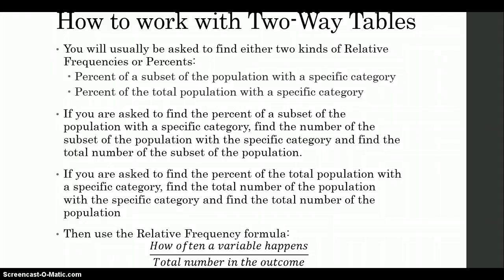If you're asked to find the percent of the total population with a specific category, you find the total in that population with the specific category, and you find the total number of the population, and do total number with the category over the total number of the population, and turn it into a percent. So two-way tables, you're just looking at how often something happens over the total number in some certain condition. That's all you're doing.